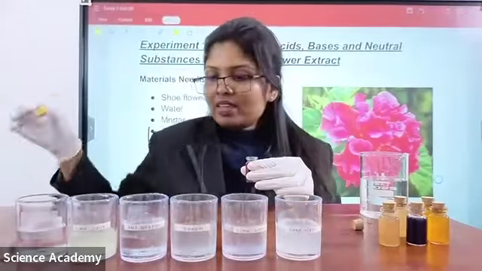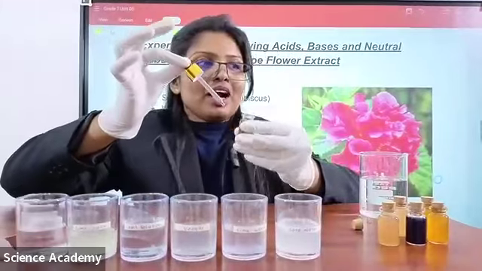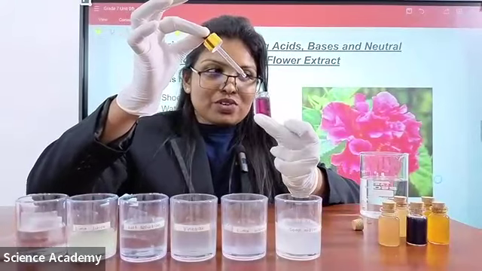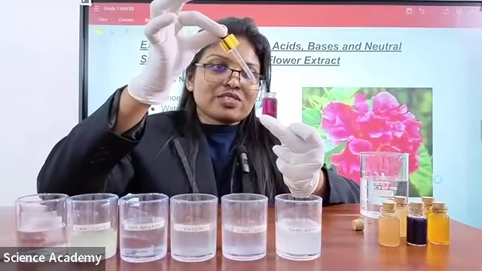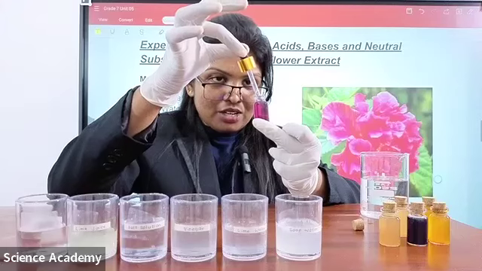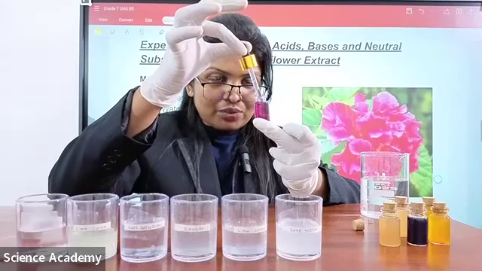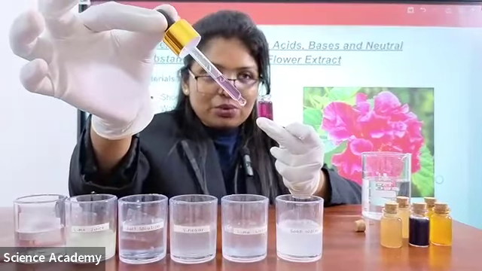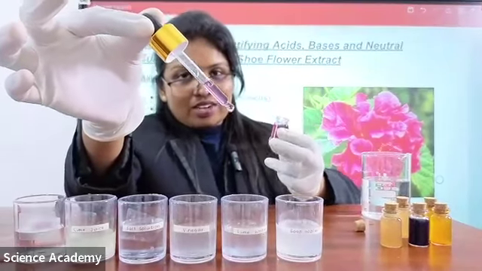Right? Okay. Using a dropper, I am going to get a small amount of shoe flower extract. Now you can see in my dropper, this includes shoe flower extract, right?